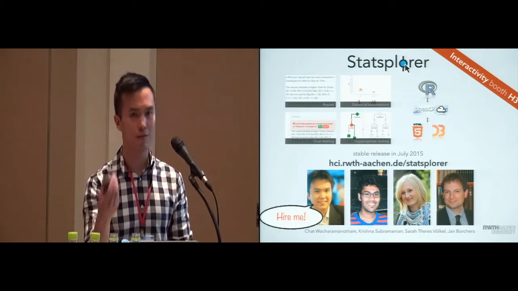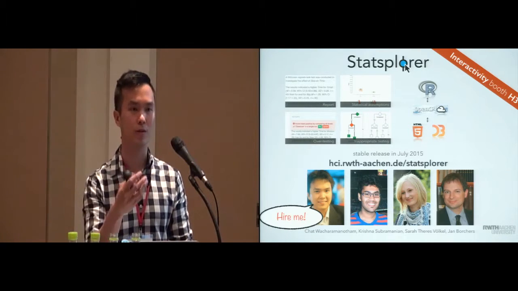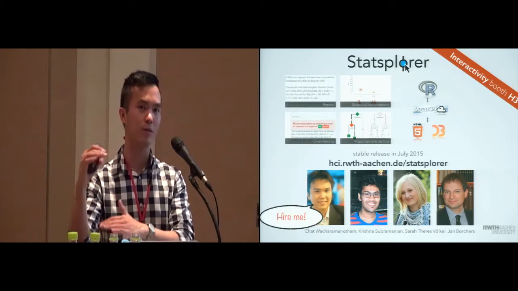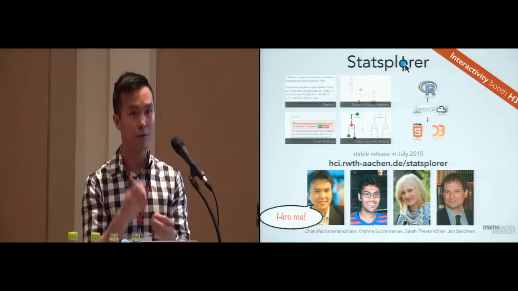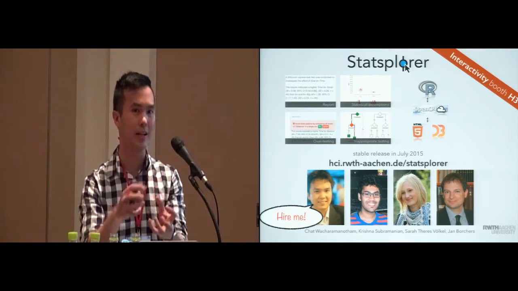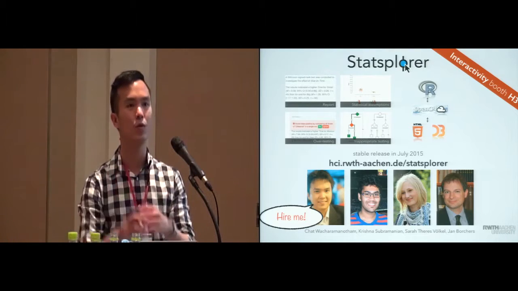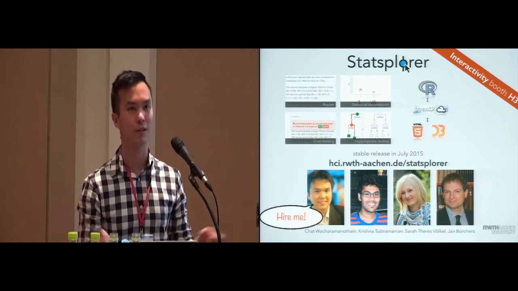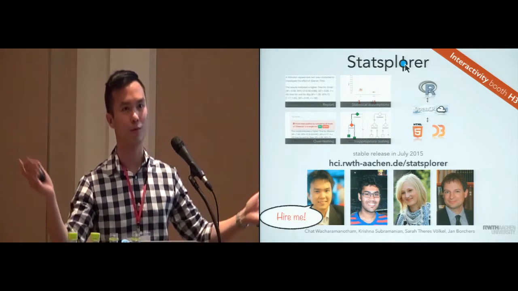One of our future works is to use Statsplorer to scaffold the R code that you can use for further analysis. If users are interested in statistical analysis, they can take this scaffolding, modify it, and play around with it to learn more about statistical analysis. Of course, we don't want people to stick with Statsplorer all the way through, right?